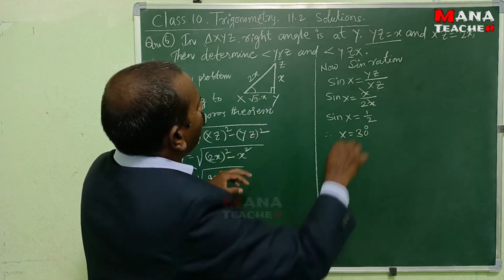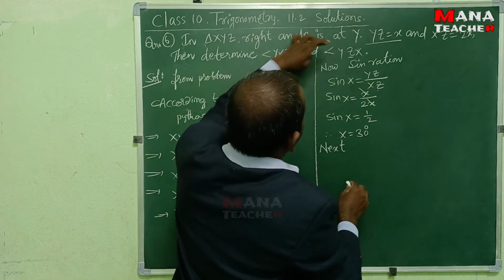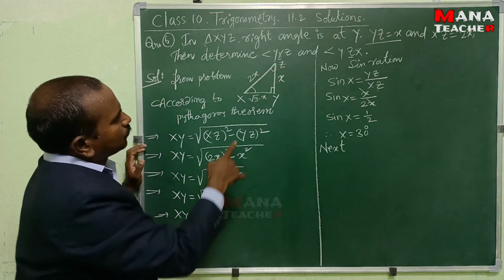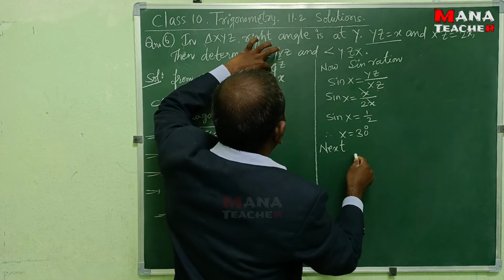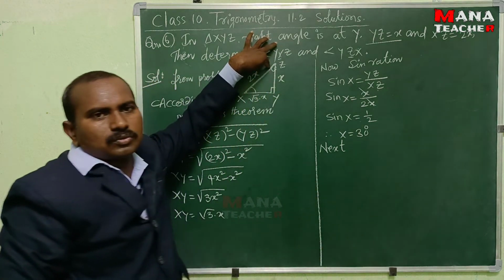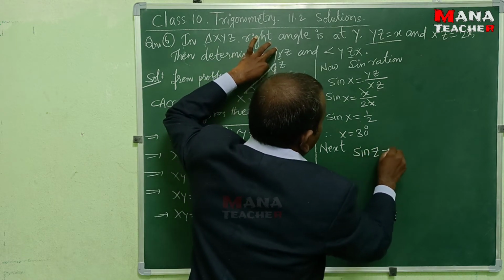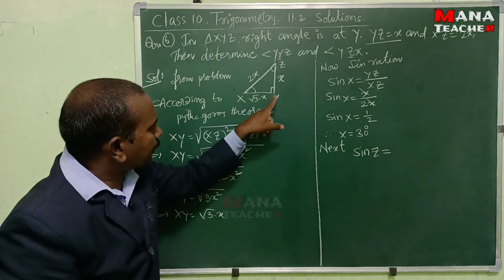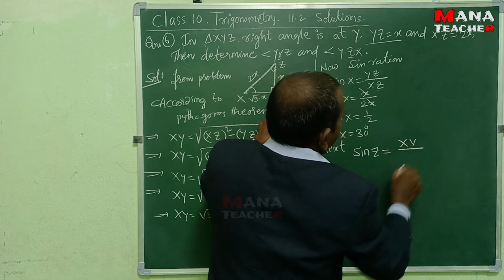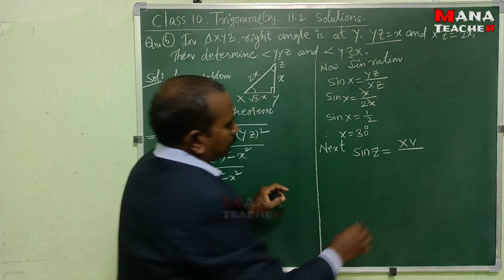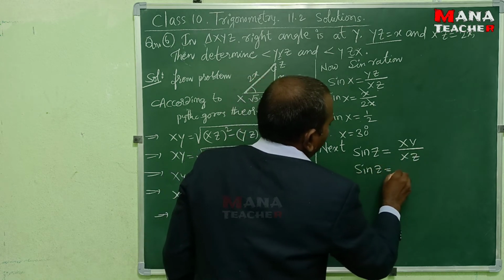Next, find YZX. You have to find this z, YZX. So now take this z. Here again take sine ratio. Sin z equals XY, which is the opposite of z, by XZ. Now substitute the values of these two.